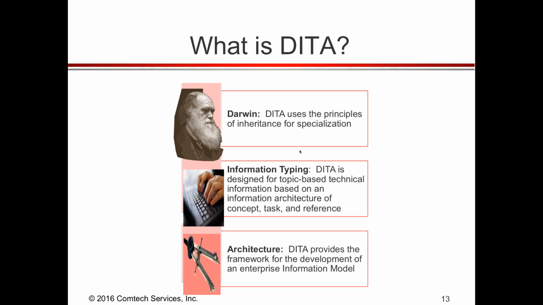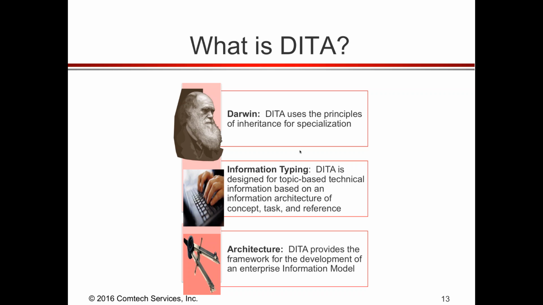framework. A second part of DITA, the IT in DITA, is that it's based upon information typing. And the information typing comes from a lot of places. Some of them you all know as information mapping, and the work done in information mapping to help people who were not technical writers organize their information so that it was readable and understandable. Well, information typing became an important basis in which we talk about DITA.